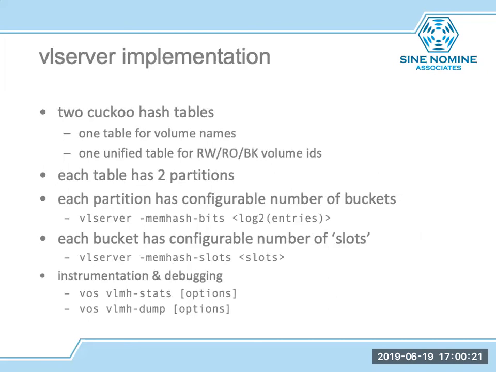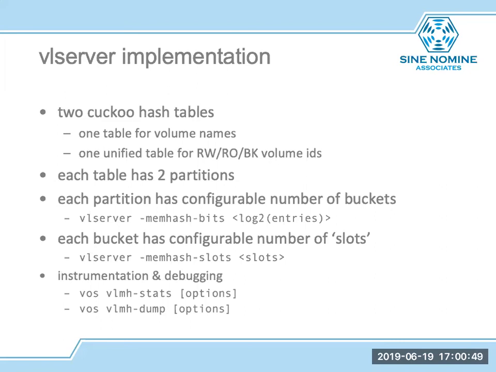All right. So as I've already mentioned, our implementation is to have 2 partitions, but I'm getting ahead of myself. If you remember from our diagram over here, in the VLDB, we have 1 for volume names, and then there were 3 separate ones, 1 for RW, 1 for RO, and 1 for VK.